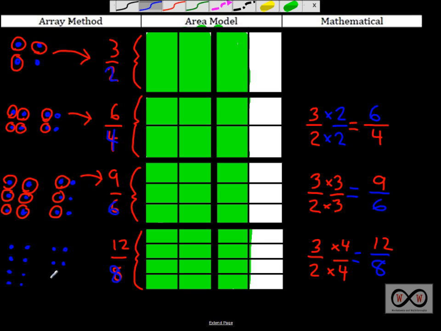We'll set up another array with 8 in it, or another group that has 8 in it. And now we have to focus in on 12 of those. So we'll have 1, 2, 3, 4, 5, 6, 7, 8, 9, 10, 11, 12. So you can see that pattern.